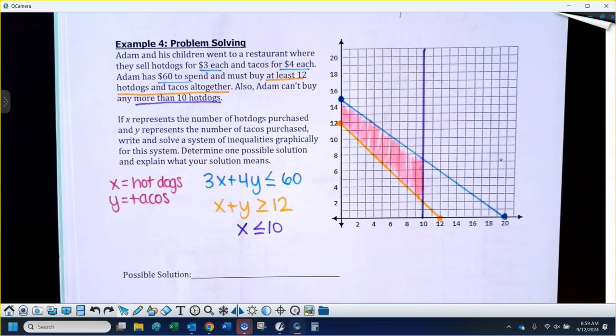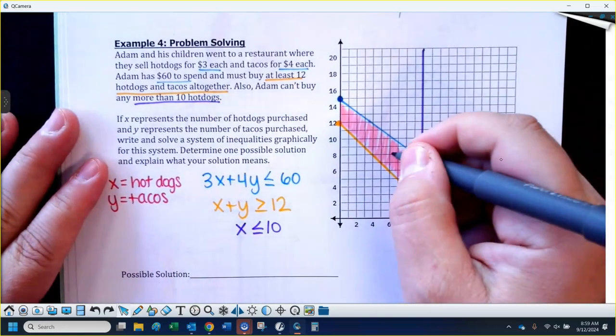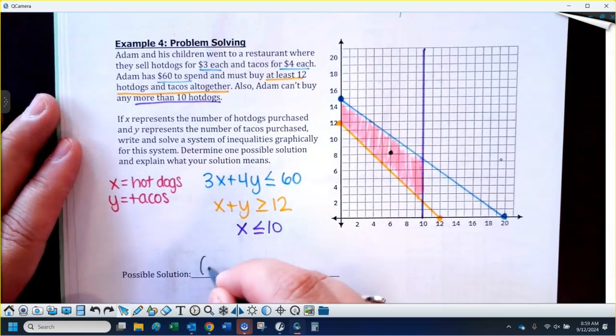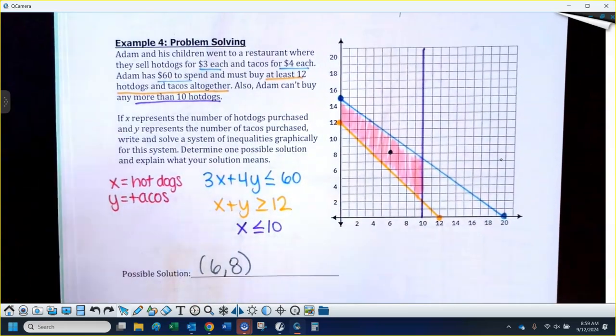So if you want to do a possible solution, literally just grab any point. I'm just going to grab a point here in the shaded region, and I'm going to grab the point 6, 8, which would mean I bought 6 hot dogs and 8 tacos, but I stayed within my budget and I met my requirements for the amount of food that I needed to get. Just as an example. Is anybody having a question?